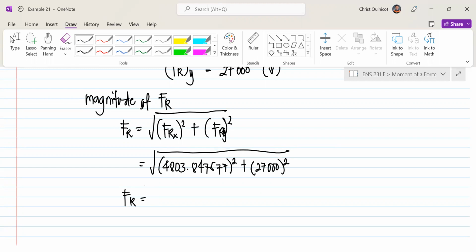Square root of the answer, that is 27,424.02143 pounds.